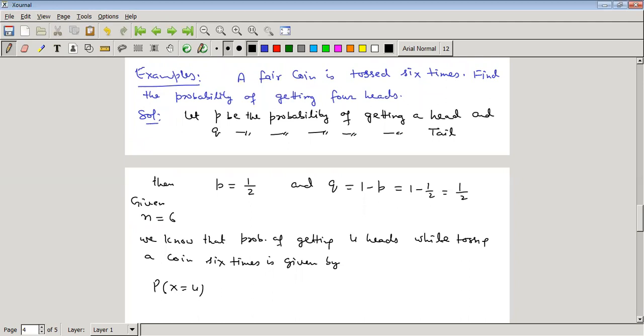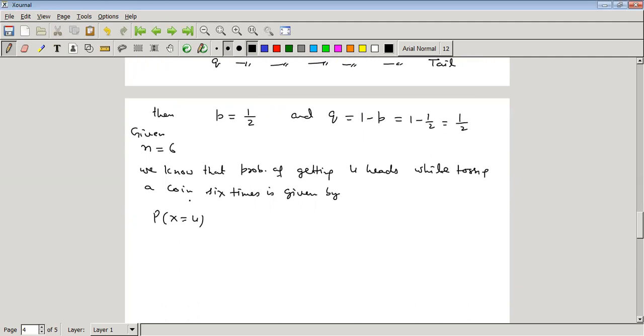That is 6, which is finite. So we can use the binomial distribution. So probability of x equal to 4, where getting 4 heads is the success, and the number of trials n is equal to 6.